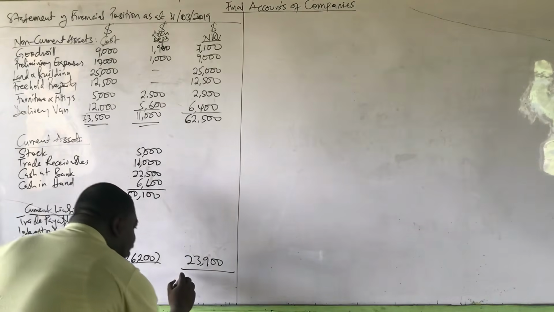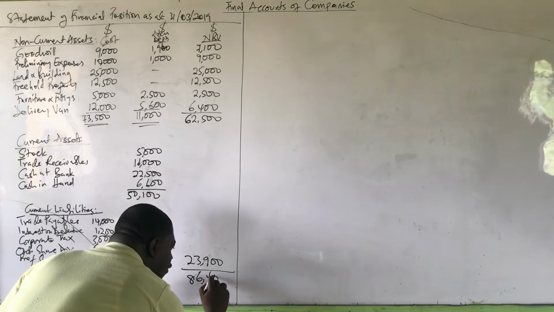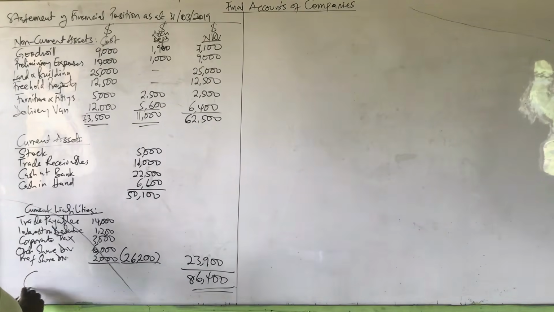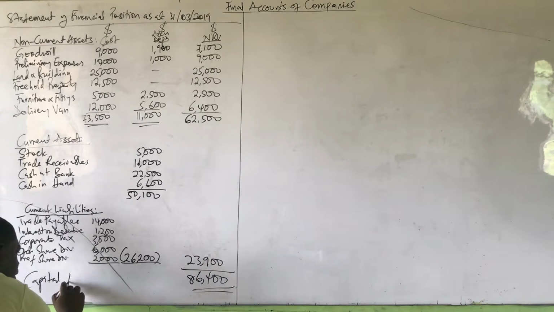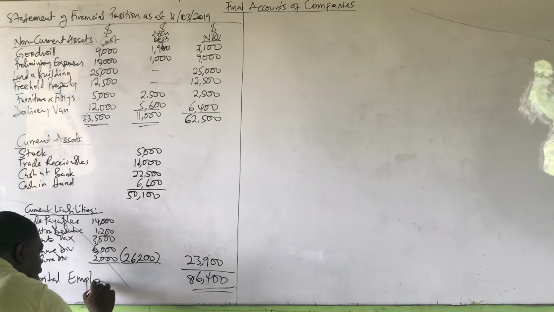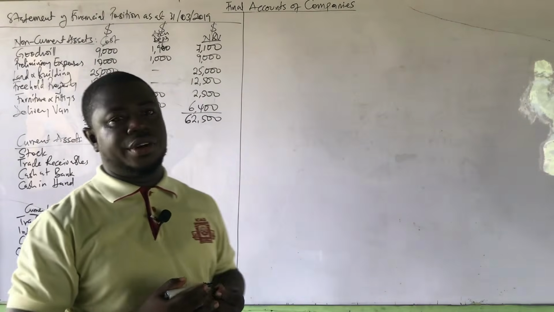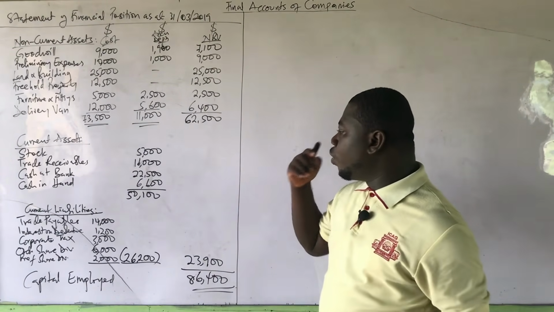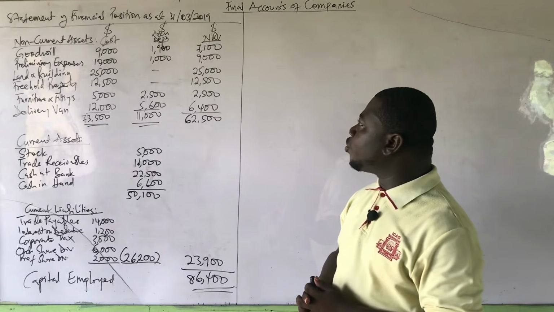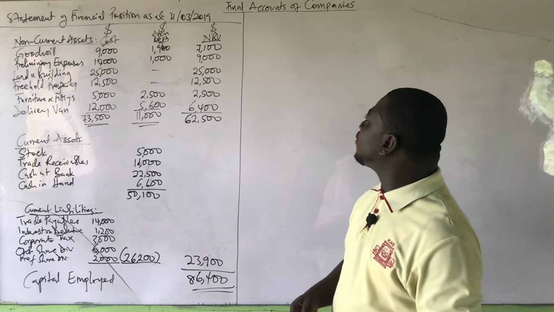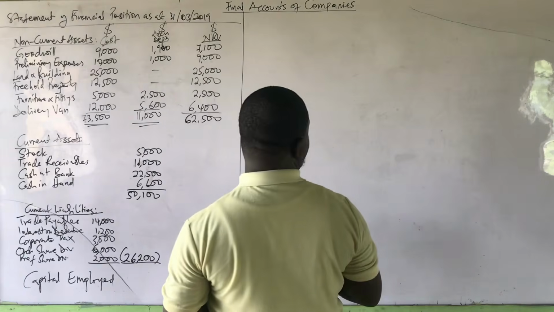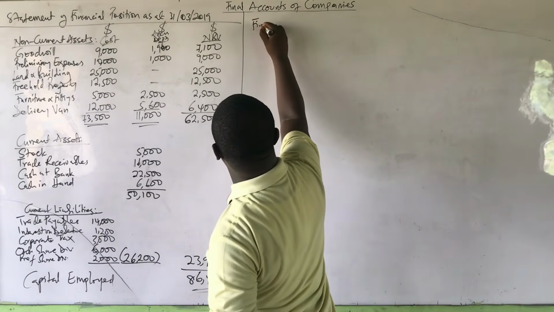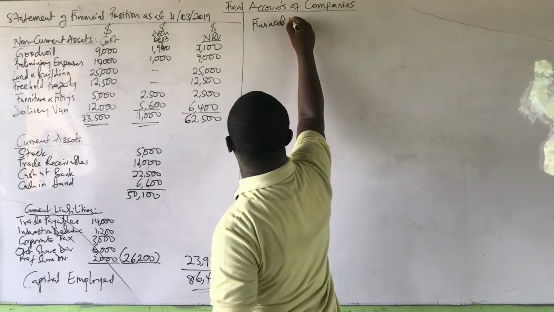And that gives us 86,400. That is the capital employed. So this is how to go about the first half of the accounting equation as far as the statement of financial position is concerned.